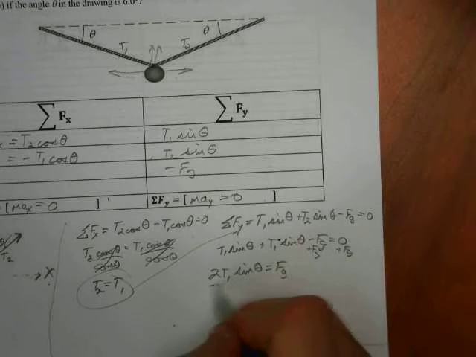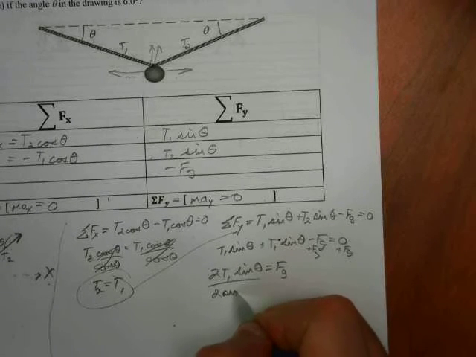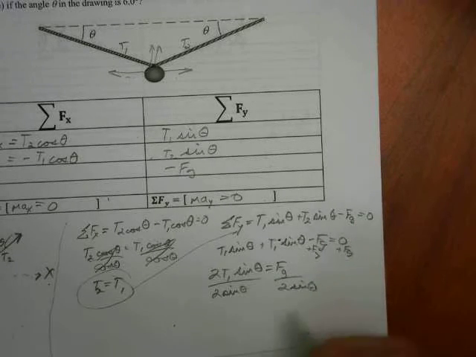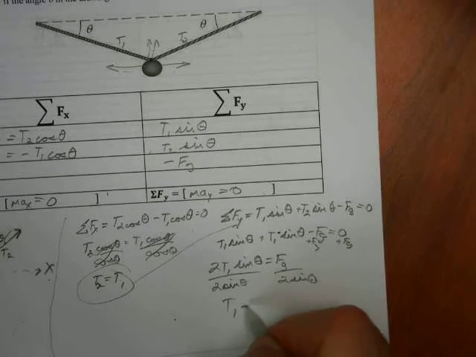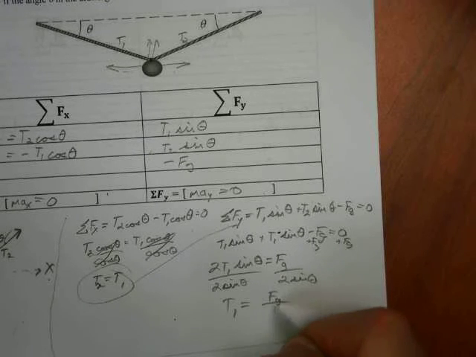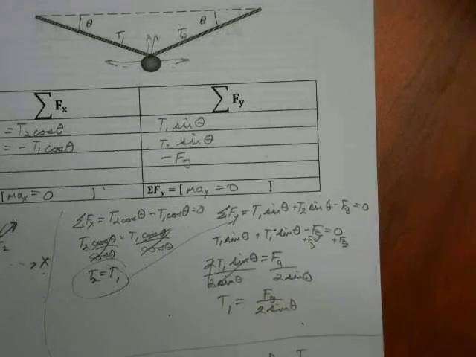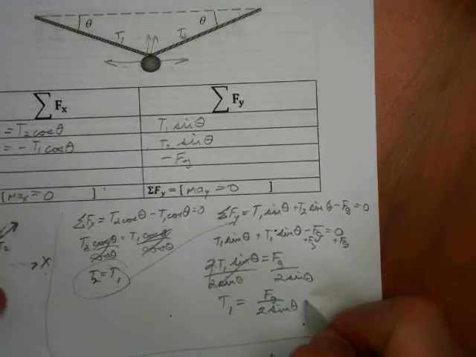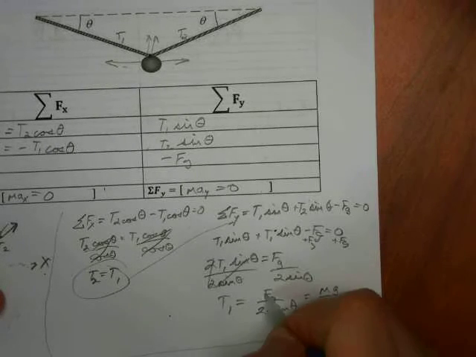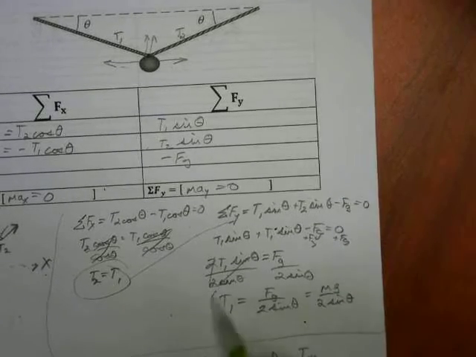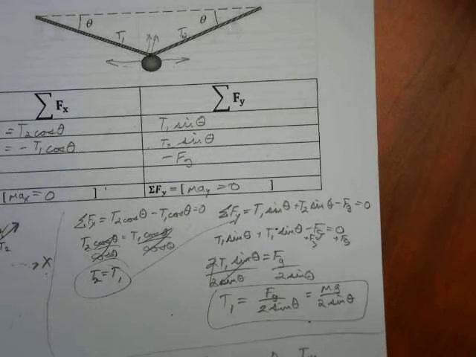And I can divide each side by 2 sine of theta. And then T1 equals Fg over 2 sine of theta. Or, excuse me, mg over 2 sine of theta, because we are given mass, not weight. You can plug those numbers in the calculator if you wish.